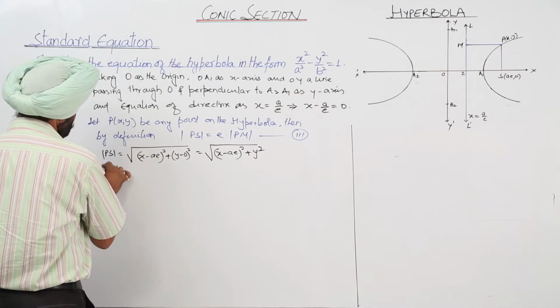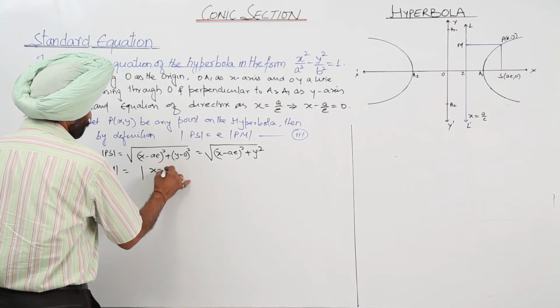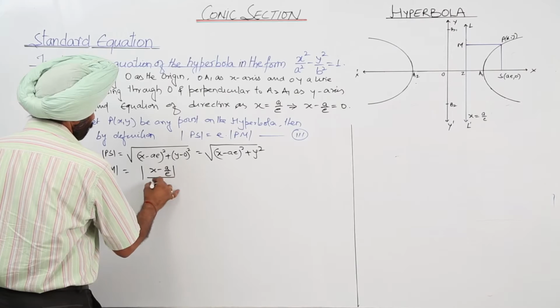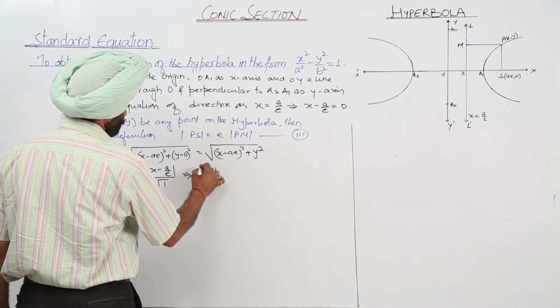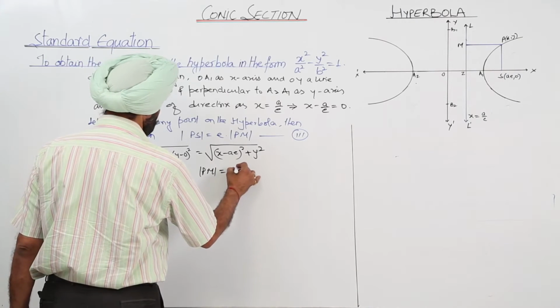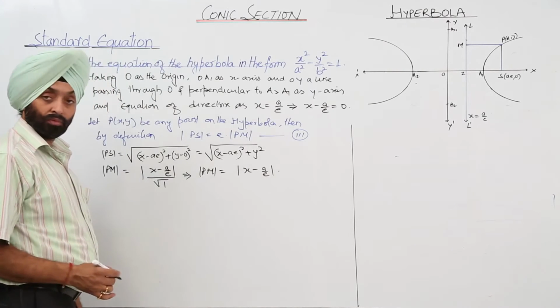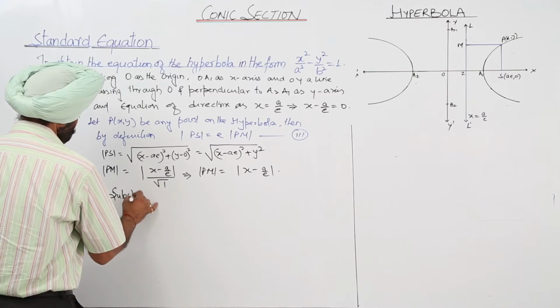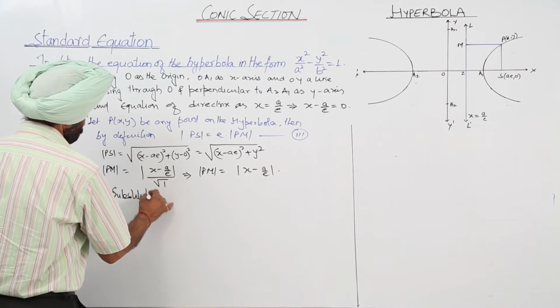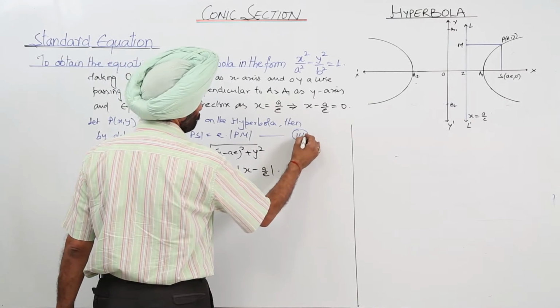PM is equal to x minus A upon E. Okay. Now substituting in 3, this one, okay.